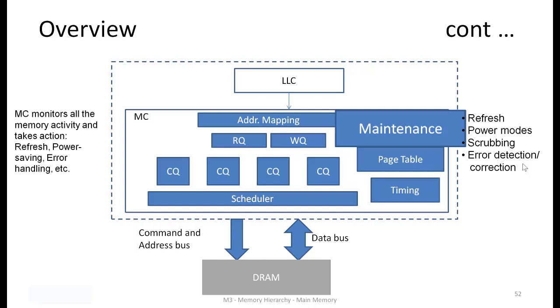So as part of maintenance, the memory controller monitors all the memory activity and takes a call on when to send a refresh, when to put it in a low power mode, or which power down mode to put it in. And if there is any error in the data being transmitted from the DRAM to the chip, it needs to identify that and possibly correct it.